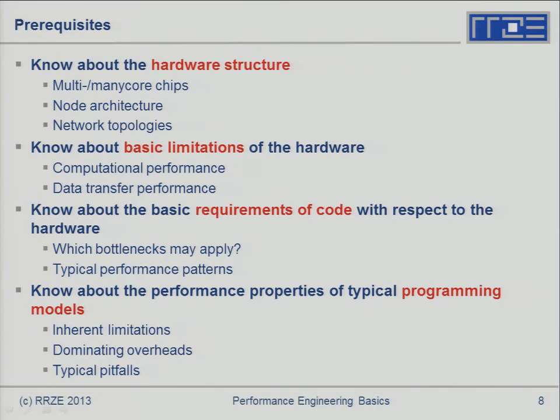And we have to know about the performance properties of typical programming models. So most of the things we show you are independent of the programming model. They are completely between the software, the loop code, and the hardware. But some things are specific for certain models. One example which we will see is synchronization overhead for OpenMP loops.